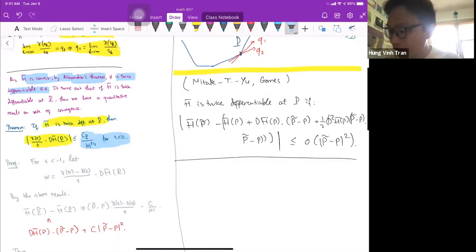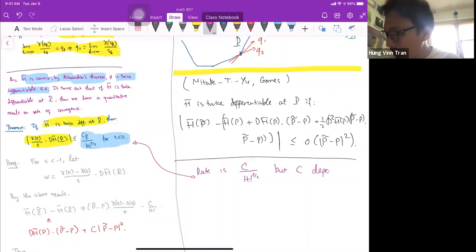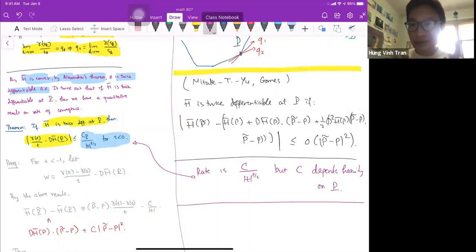This is a very important result. The rate is C over t to the power 1/2, but C depends heavily on p.